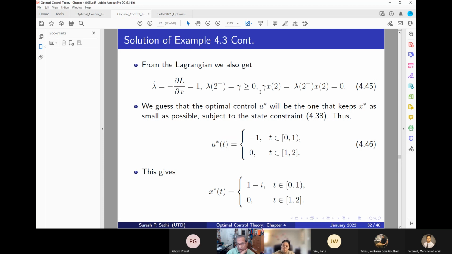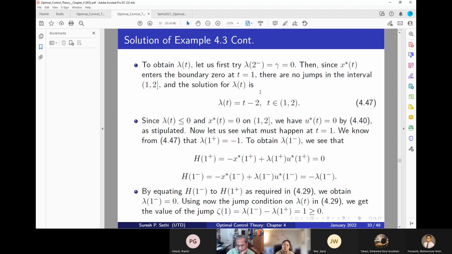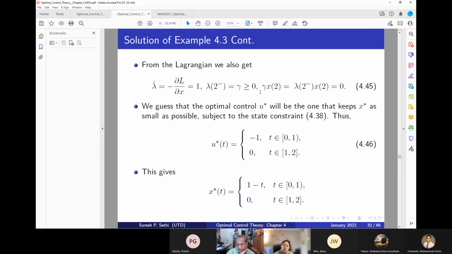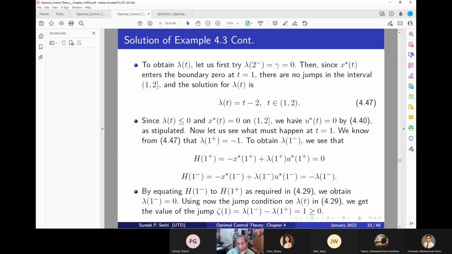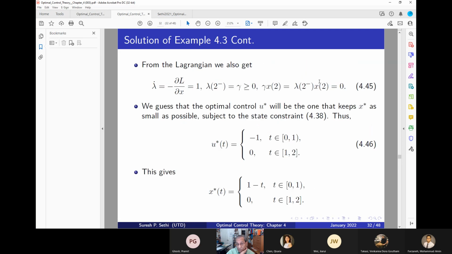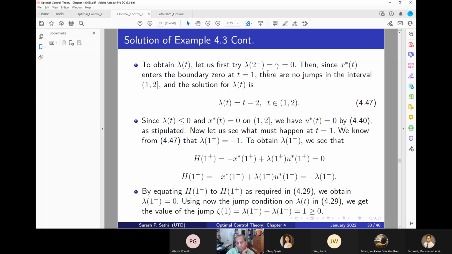So right now we have, as you can see, x2 minus is 0, in which case we can have gamma bigger than or equal to 0, or gamma equal to 0. We can have either, right? So to obtain lambda t, let's first try lambda 2 minus, which is gamma, equal to 0.